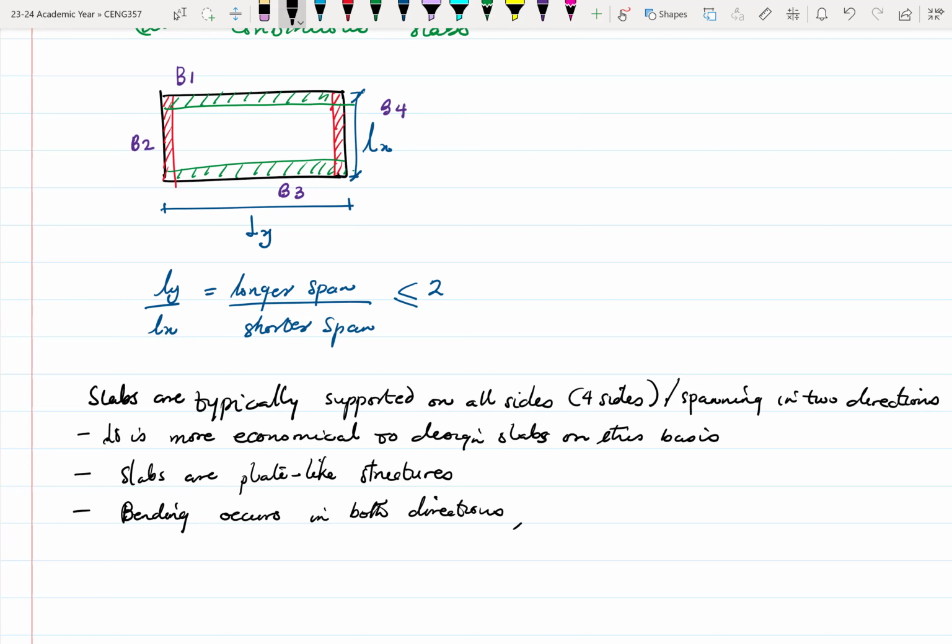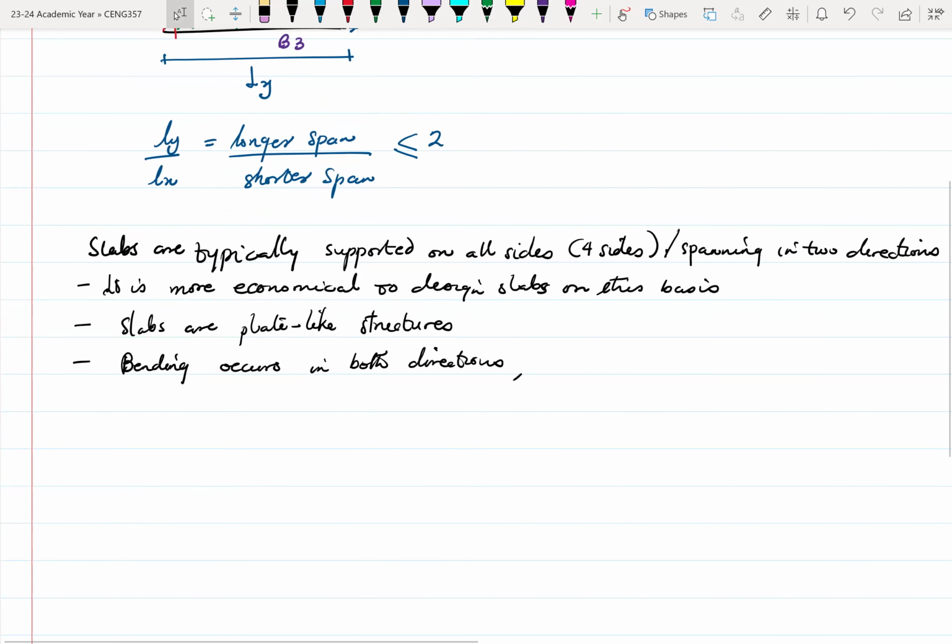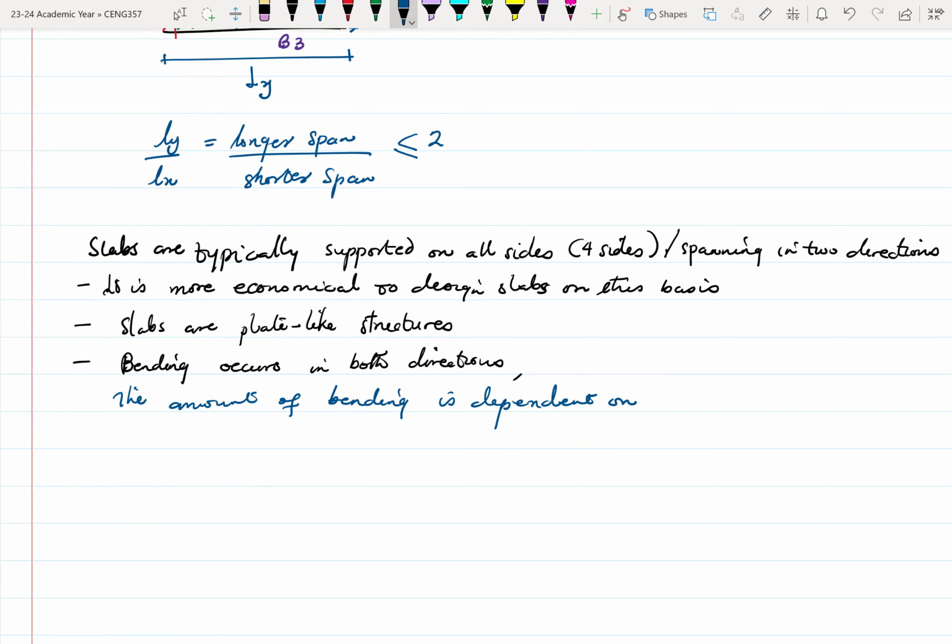And the amount of bending is dependent on a number of factors. The amount of bending is dependent on two things.